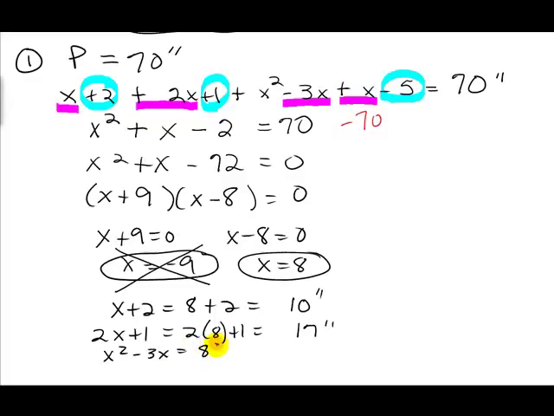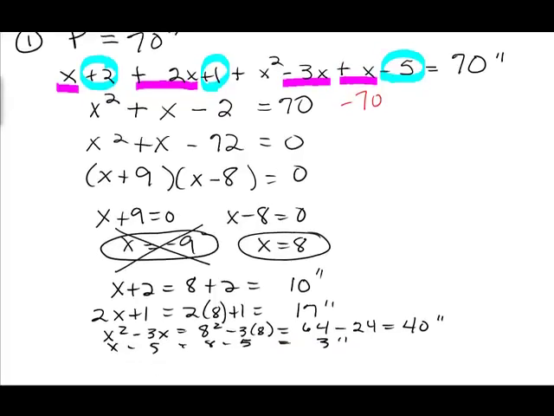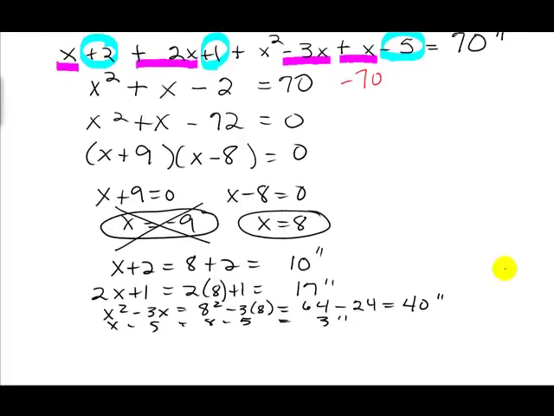So this is 8 squared minus 3 times 8, 64 minus 24, 40 inches. And the last one was x minus 5. 8 minus 5 gives us 3 inches. So you'll have 4 answers.